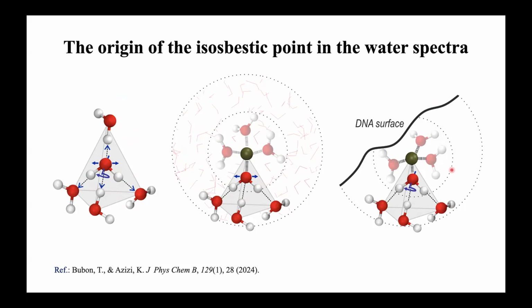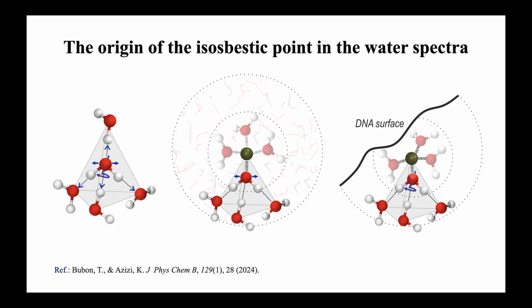But near the DNA surface and within the confinement region of the double helix, such as the minor groove, the motions of water molecules become significantly restricted. In this case, the intensity of the translational vibrations of water molecules decreases, while the intensity of rotational motions increases.